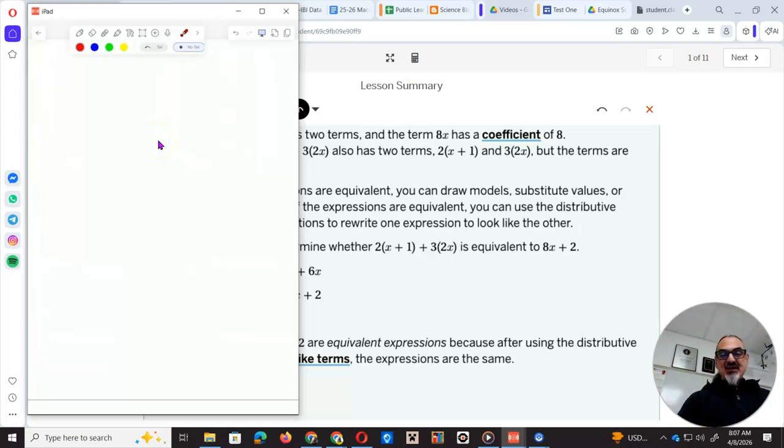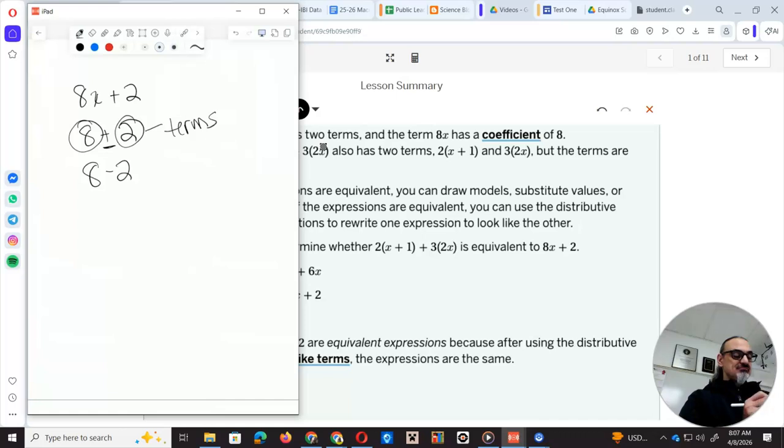All right, so if I have an expression here, I'm going to make an easier one. Let's start with 8x plus 2. Now, if we take just something simpler, like 8 plus 2, if we're adding something or subtracting something like 8 minus 2, the 8 and the 2 are called terms.